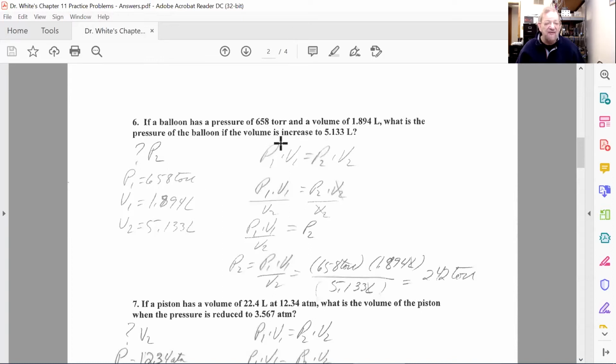And then after you increase it, that's the final volume, V2. Well, we have P1 times V1 equals P2 times V2. And we're trying to find P2.